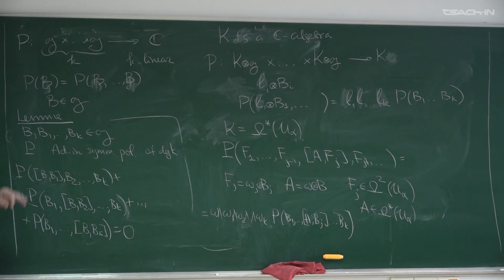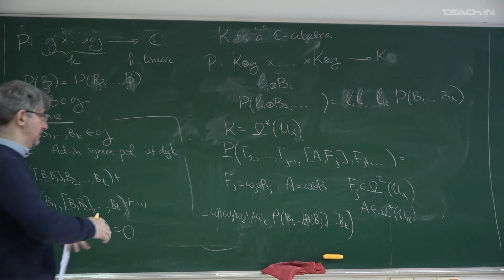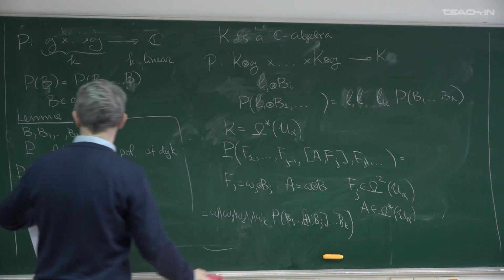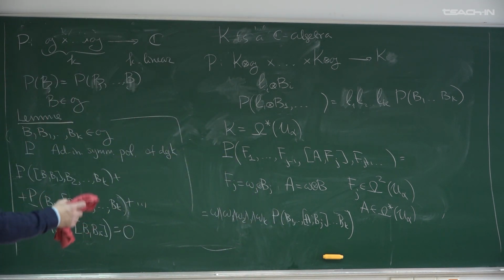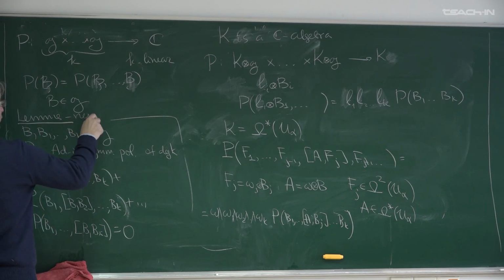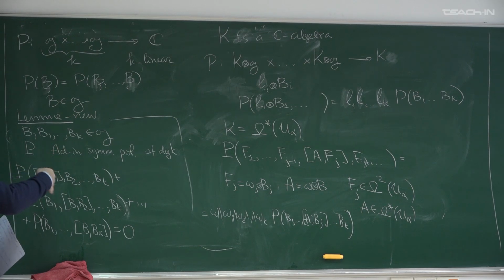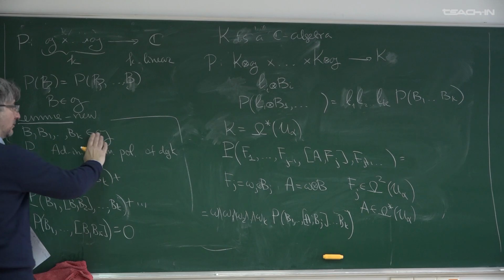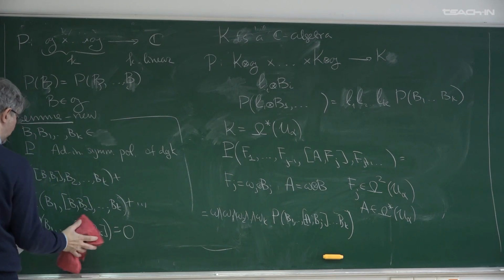Now, you see the lemma. Now I have b. So I will write the same lemma, but new. No sign, but the same lemma, more or less the same statement, but the objects here will belong not to this algebra, but to differential forms.